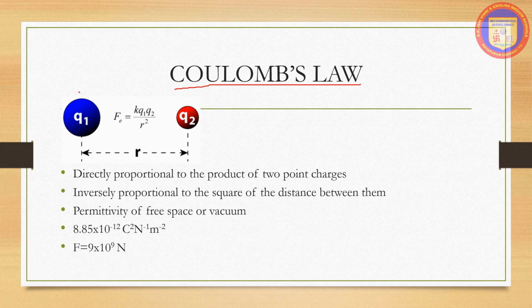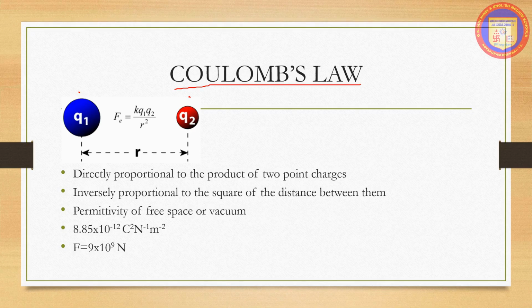According to Coulomb, the force on the point charge Q2 exerted by another point charge Q1 is F21 vector equal to K Q1 Q2 divided by r square into r12 cap, where r12 cap is the unit vector directed from charge Q1 to charge Q2 and K is the proportionality constant.